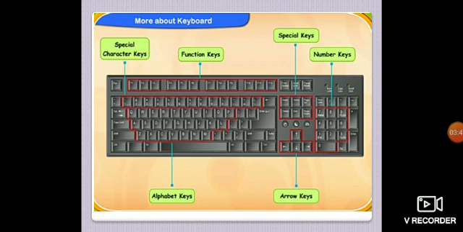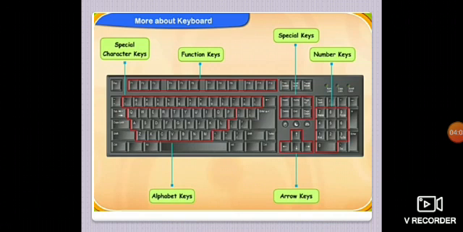See, in the above picture you can see that there are function keys. What are function keys? There are 12 function keys, F1, F2, up to F12. Let me help you know the use of function keys. F1 is used for help.